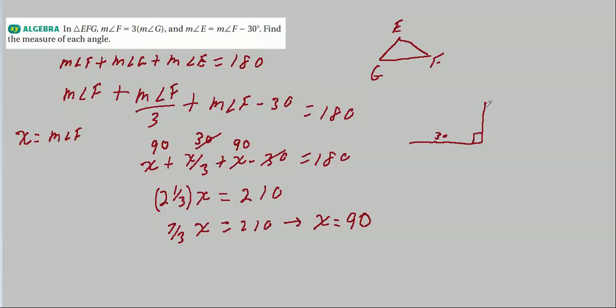The remaining two have to add up to 60. So we've got a 30, 60, 90 triangle here. And this is all just algebra. Pretty easy. There wasn't any really big trick you needed to spot. Just lay it out the way it's written here, and then solve the equation.